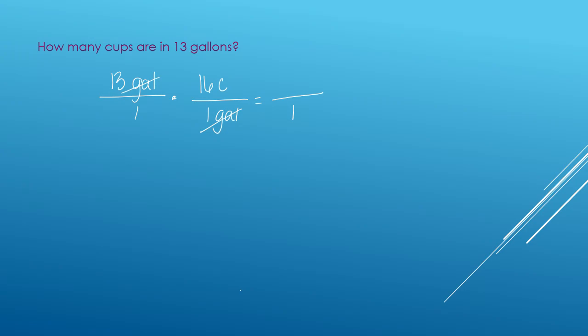On the top, when I multiply 13 times 16, I get 208. The answer is that there are 208 cups in 13 gallons. Not too bad. When you have a nice conversion like that, it's pretty easy to just set it up and solve. Let's try one more.